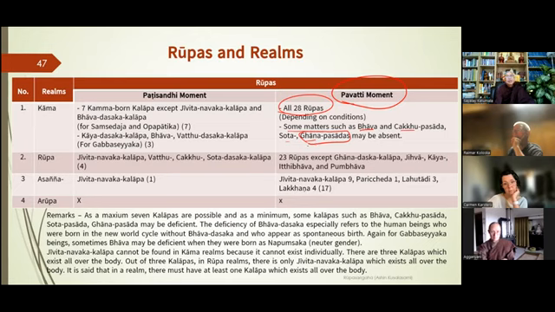Have you ever seen a person without Ghana Pasada, without nose sensitivity? As far as I know, only during the COVID pandemic was Ghana Pasada not working at the moment because of the virus.